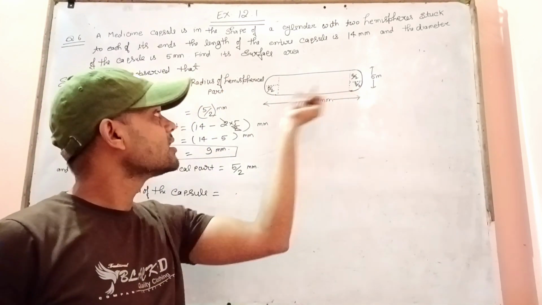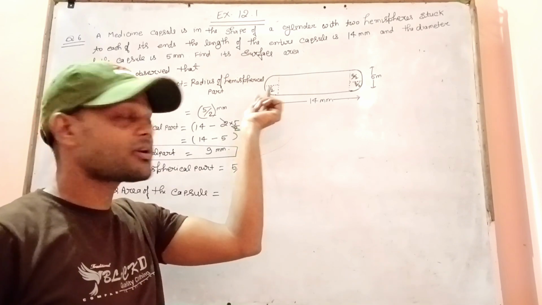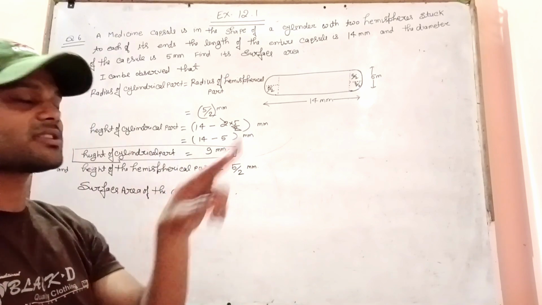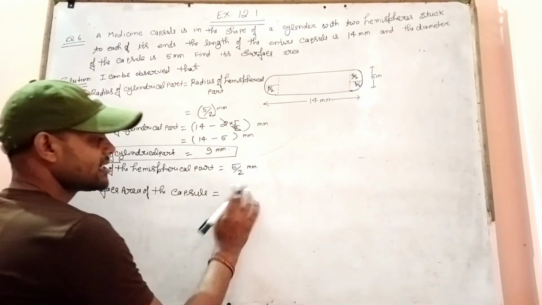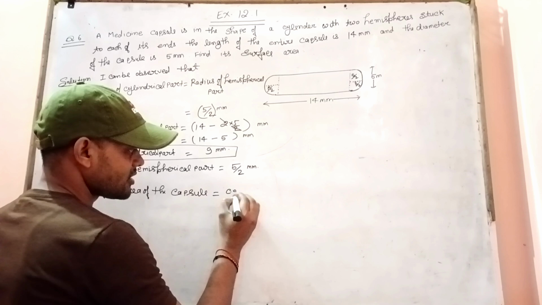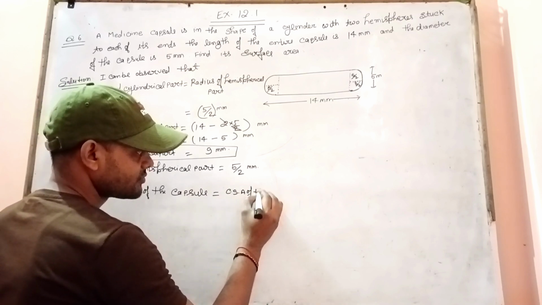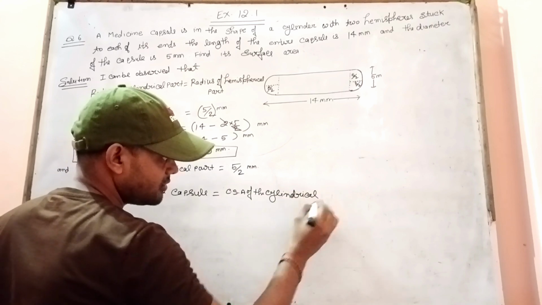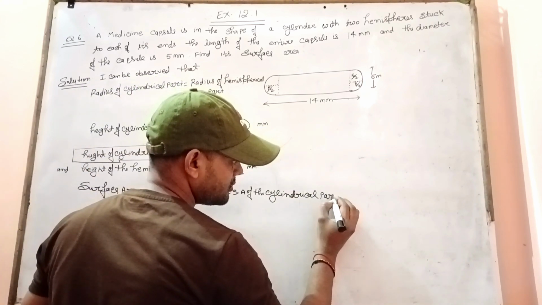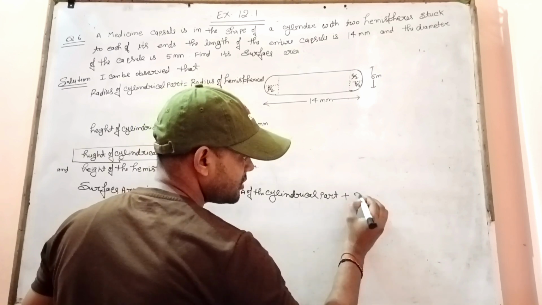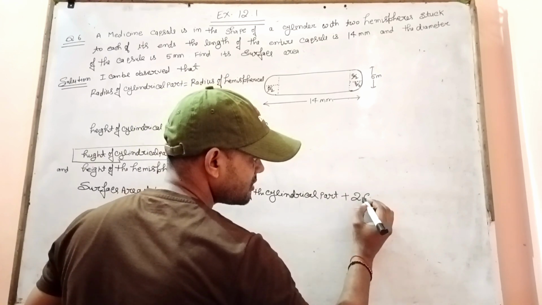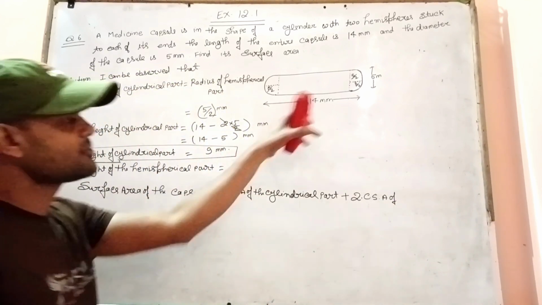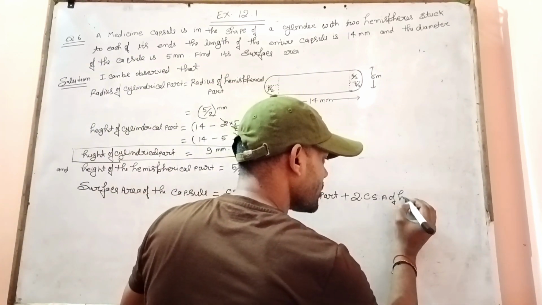The first and second hemispherical parts are equal, therefore the surface area is CSA of the cylindrical part plus 2 into CSA of the hemispherical part.